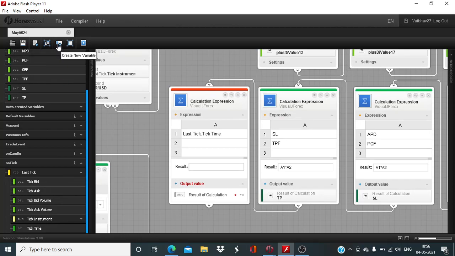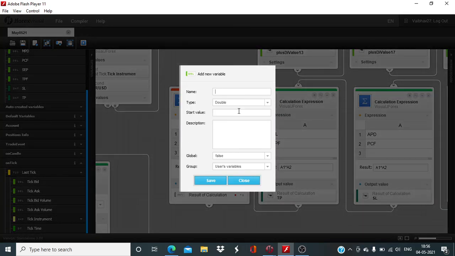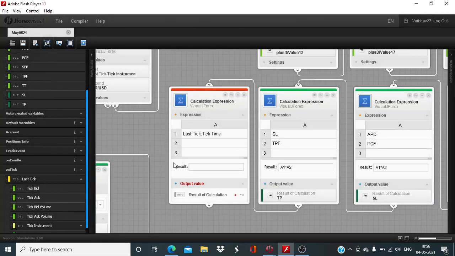I will create a new variable with start value of 3.6 millions. Pay attention to the number of zeros. I think I have got it right. You can point it out in case I happen to be wrong. Oh, I forgot. Name it.